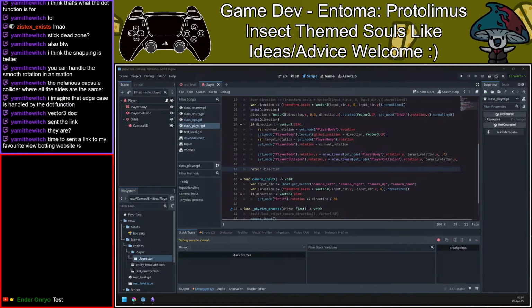Vector 3, move toward. 2 vector 3 by a delta float. Interesting. Although if you click it... Oh, no, wait. Returns a new vector moved towards 2. Interesting.